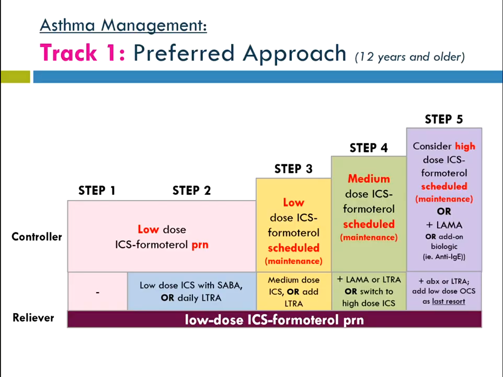So what is formoterol? That'll be tomorrow. Okay? But if you think about it, everybody's getting steroid plus a long-acting beta agonist. But right now, in the preferred track one, we're being specific of which LABA we want. The LABA that we want is formoterol, which is why I mentioned it.